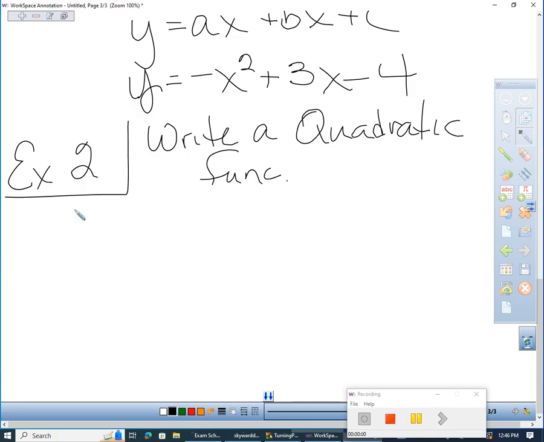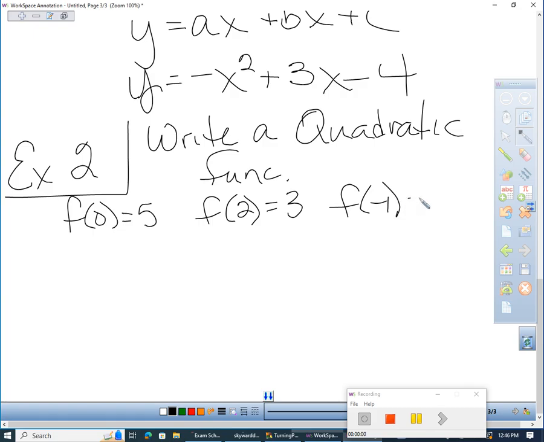Now these are written a little bit different. If I have f of 0 equals 5, f of 2 equals 3, and f of negative 1 equals 0. So these are also points. They're just written in a different form.